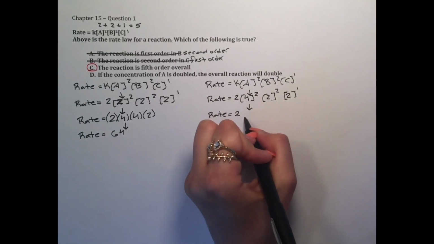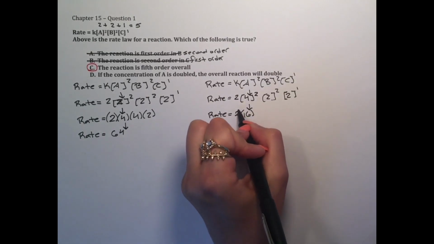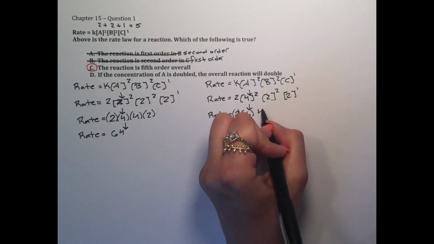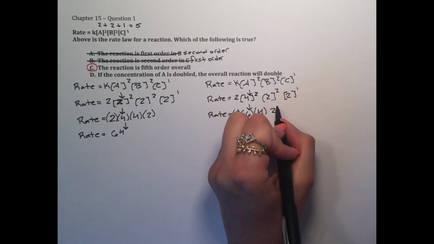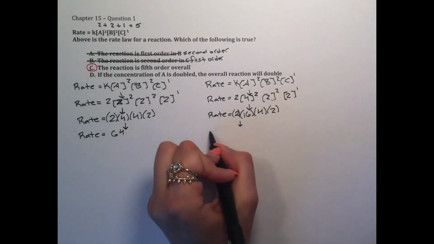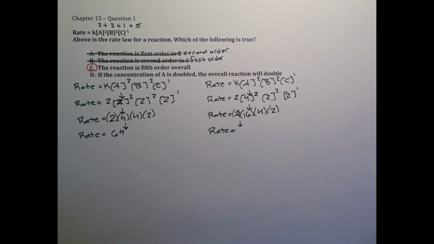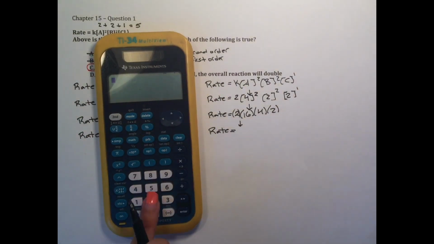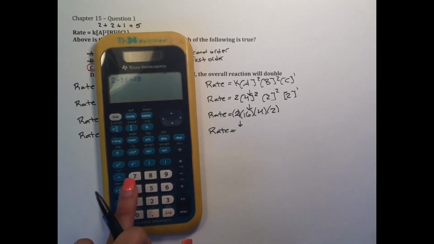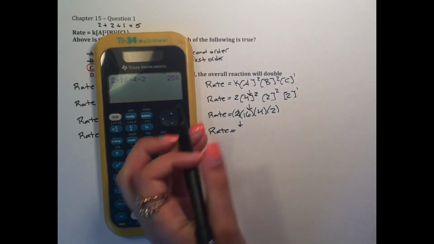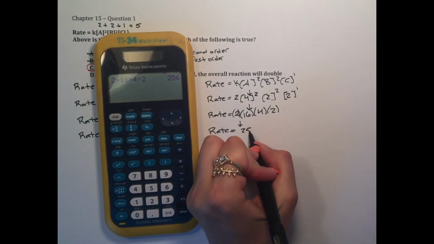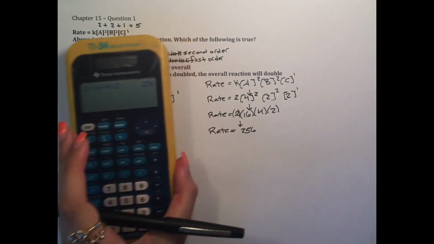So you get 2 times 16 times 4 times 2. Let's plug all these values into the calculator. And you get 256.